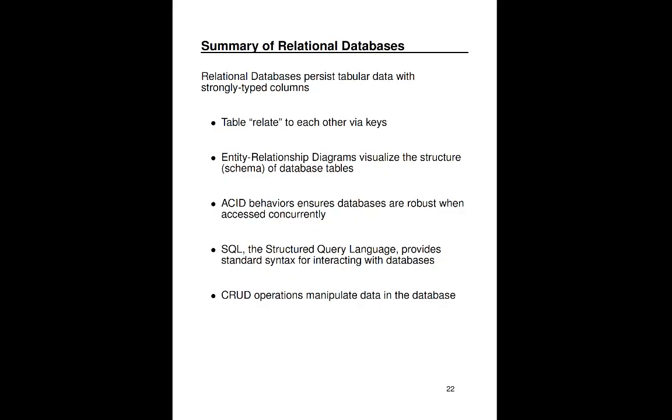And this is nice because it's standard. It's only one set of syntax that you all need to learn and that tools need to support. And finally, we also learned about the so-called CRUD operations, which manipulate data in the database. So again, this is inserting new data, retrieving data from it, updating and deleting various rows and various pieces of data in the database.